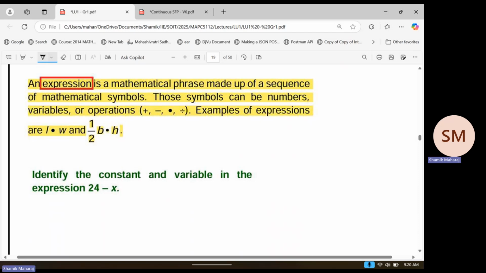Anything which is a combination of numbers, variables, and mathematical operations is an expression. So it could be anything, even something like 2 squared plus 5 divided by 8 divided by 2. This is an expression. Even if I put variables here, if I said 5x, for example, that's still an expression, right?